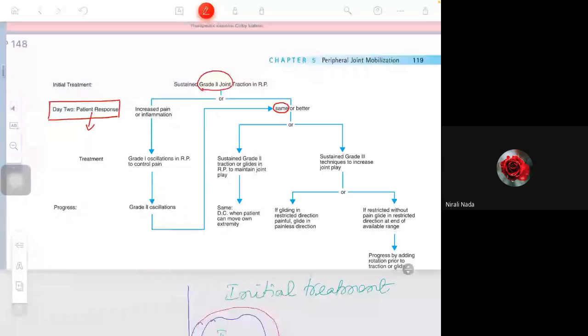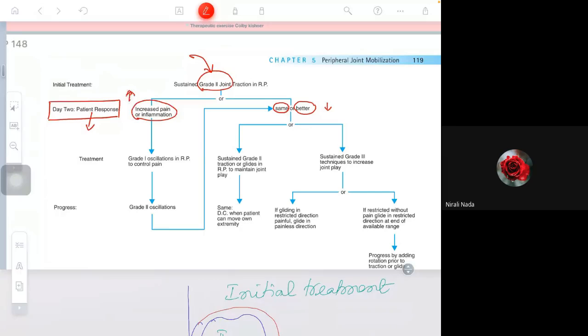Listen carefully. After giving grade 2 distraction, there are three possibilities on the second day. Either the pain may be the same, or the pain may be reduced, or what is the third option? The pain may be increased.